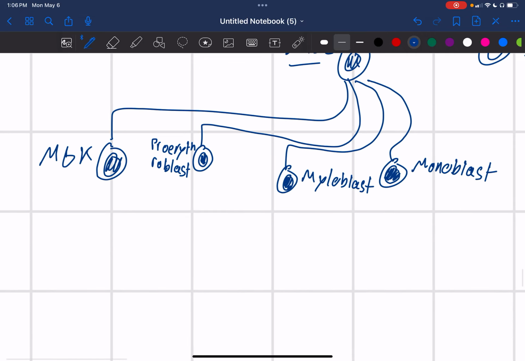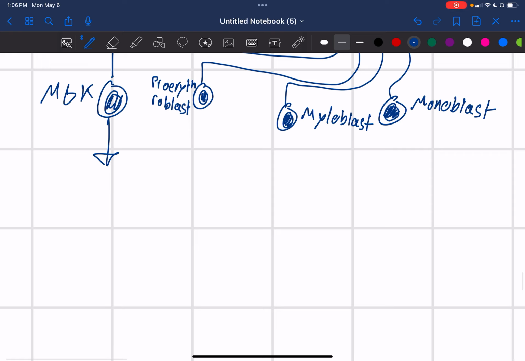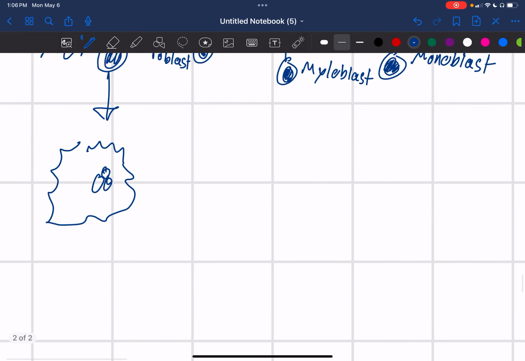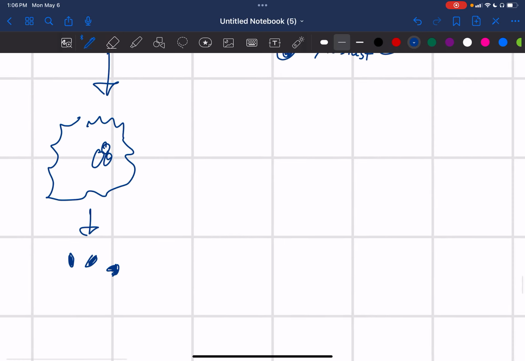So the megakaryoblast will then turn into a megakaryocyte. This is a big, big, funky looking cell, right? So it's kind of like this. And this megakaryocyte will then break down into creating platelets for our blood. These platelets are essentially a bunch of little, I believe they're proteins, and they are essential in our blood for coagulation, helping stop the bleeding.